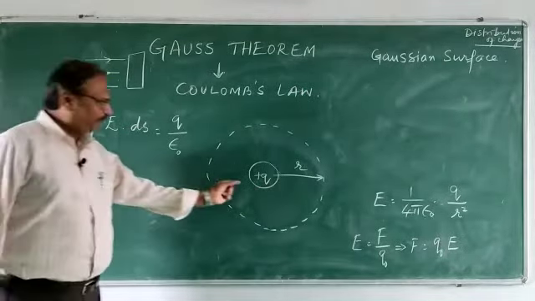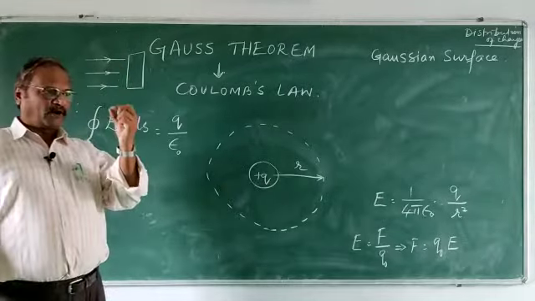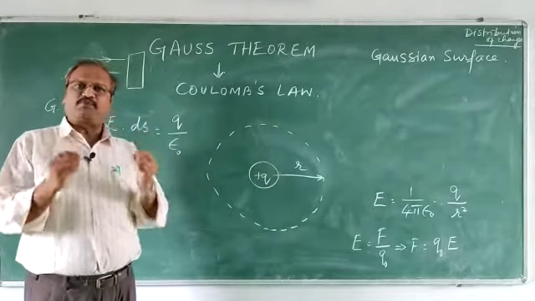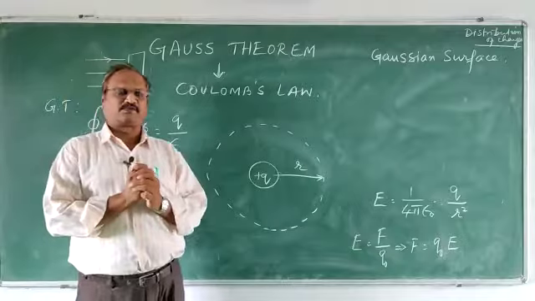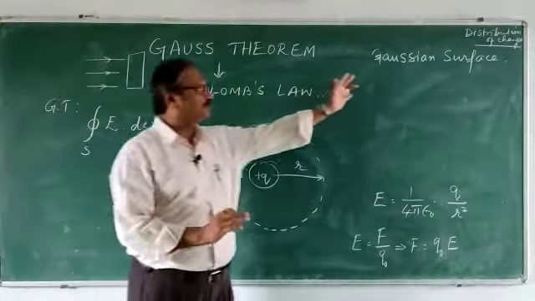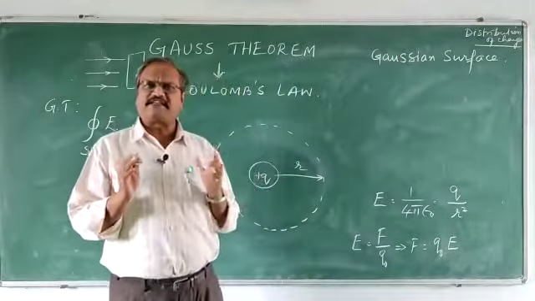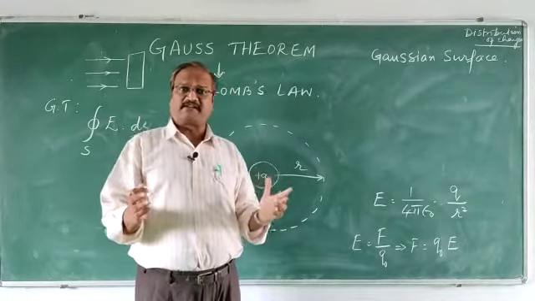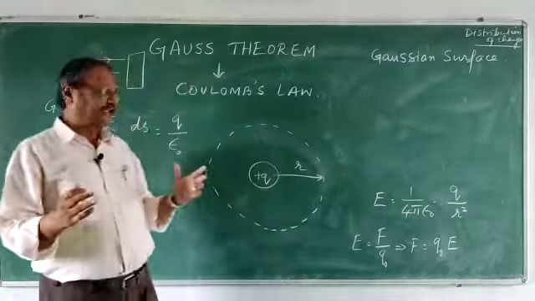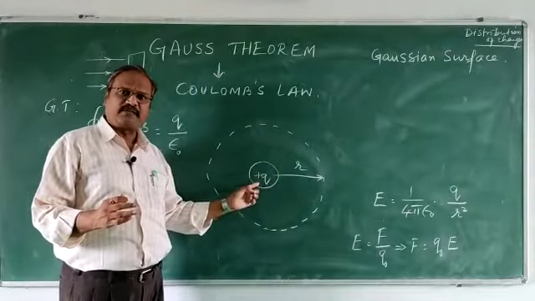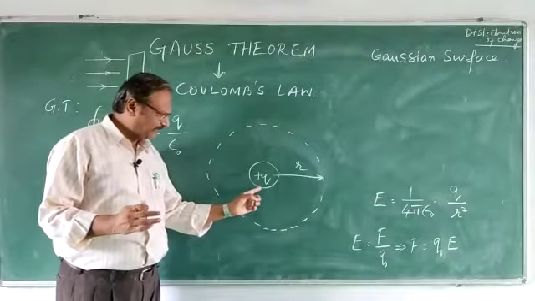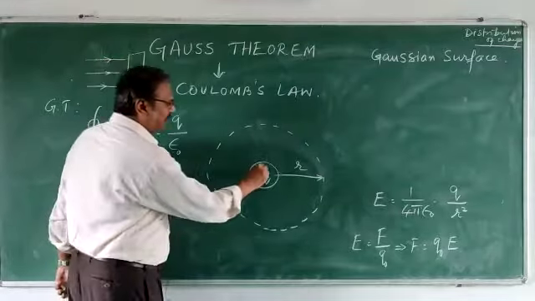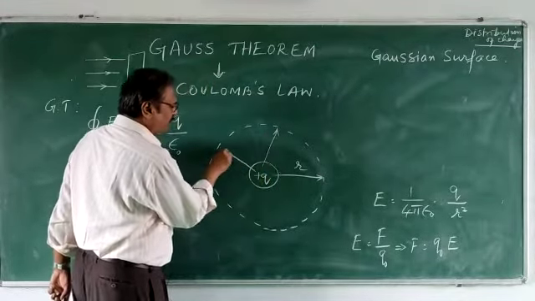Now I have taken a point charge. For the point charge, I have to assume a Gaussian surface. What is a Gaussian surface? A Gaussian surface is an imaginary surface. First remember, it is an imaginary surface and it is symmetrical with respect to the charge you have been given. And I have taken a point charge, so I consider equidistance from the point charge.